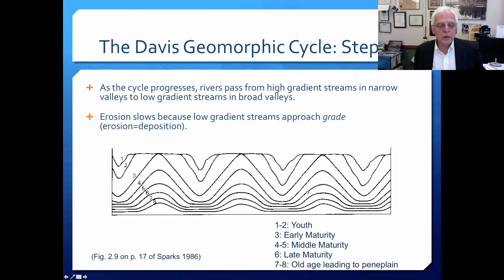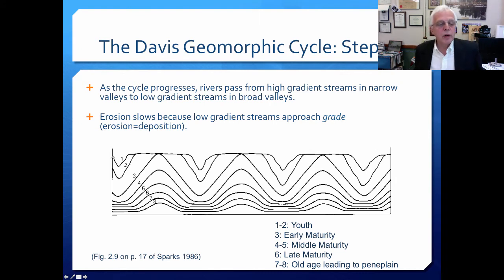So, looking at step 6, as the cycle progresses, the rivers pass from high gradient streams in narrow valleys to low gradient streams in very broad valleys due to the lateral cutting of streams. And here you can see this in profile as if we've taken a time and space cut through the profile of streams.